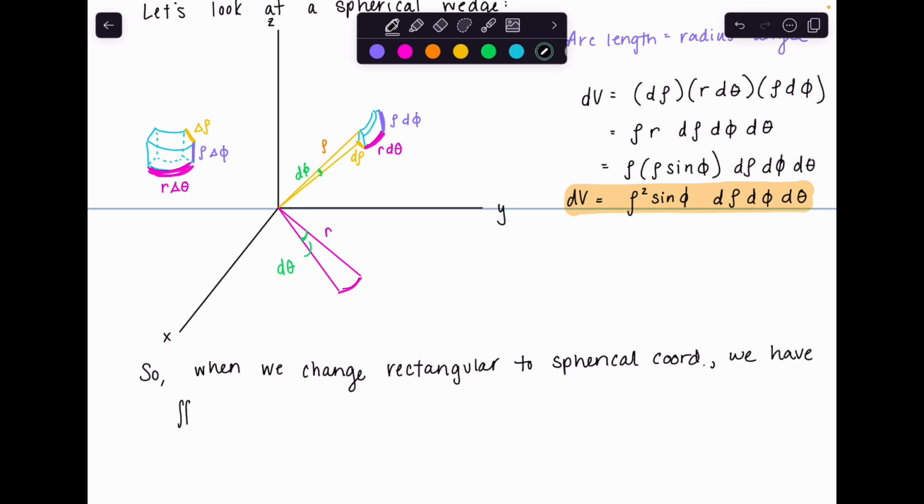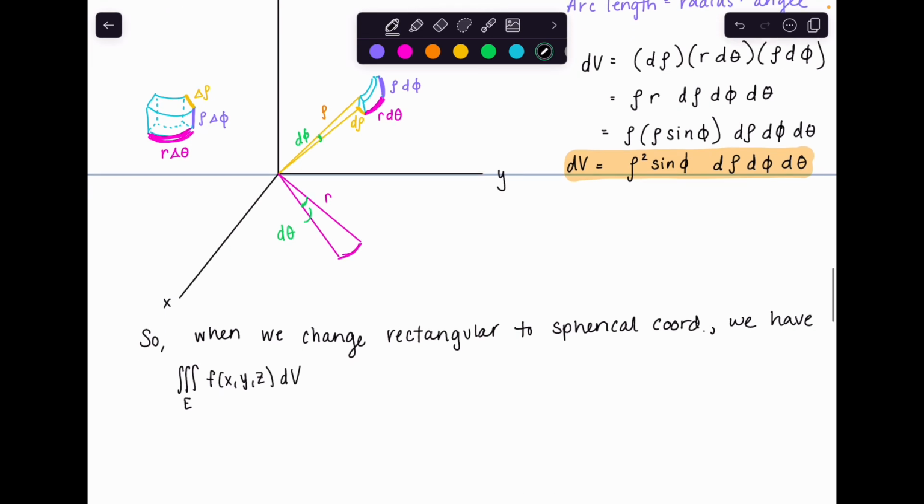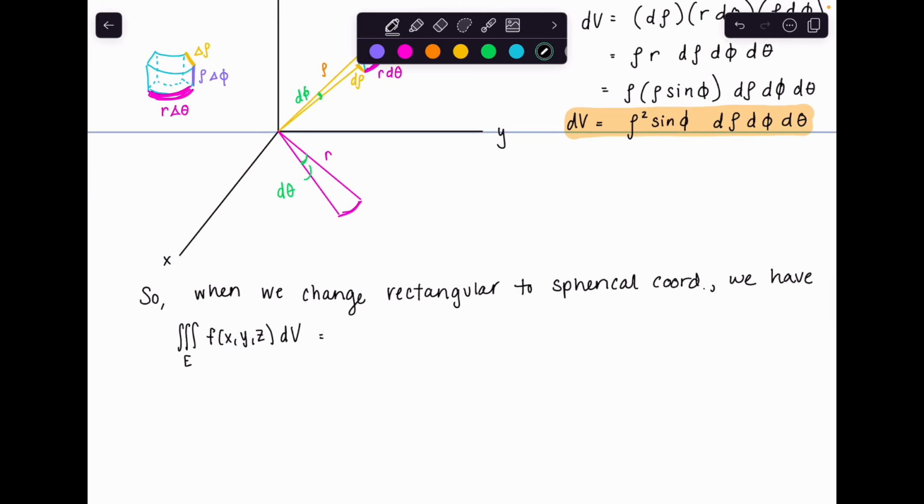Our triple integral over some region E of a function of x, y, and z on the inside, integrated with respect to dV, still is going to be determined by those bounds of E. The inside, you're going to switch over.